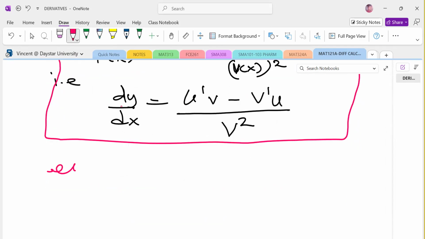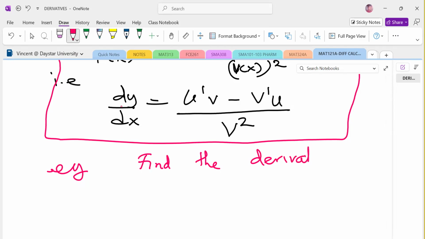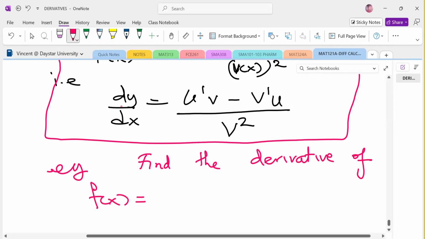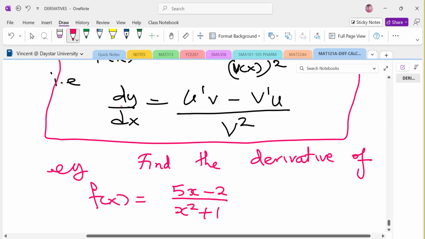So for example, find the derivative of the function f of x is 5x minus 2 divided by x squared plus 1.